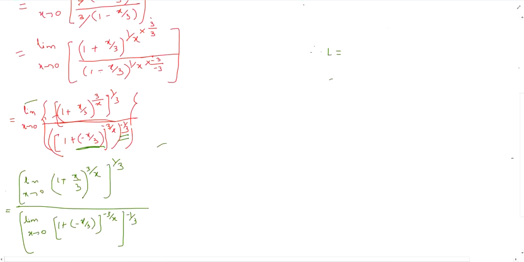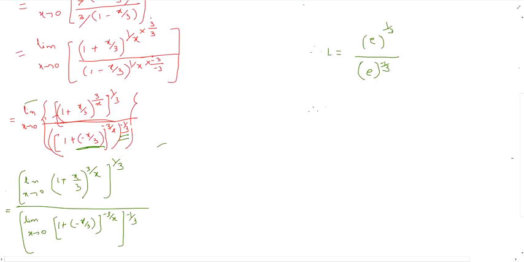So L is equal to, you can see there, limit x tends to 0 of (1 plus x by 3) raised to 3 by x has limit e only, and e raised to 1 by 3. And at the denominator, the limit is e raised to minus 1 by 3.